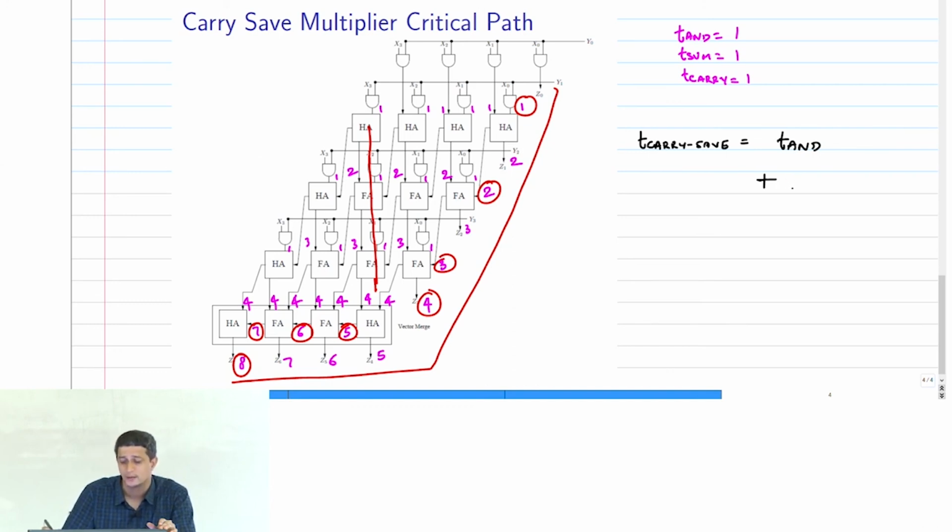I am asking only till here, till the input to that ripple adder finally. M minus 1 T sum plus the final stage is called a vector merge stage. This guy is vector merge.